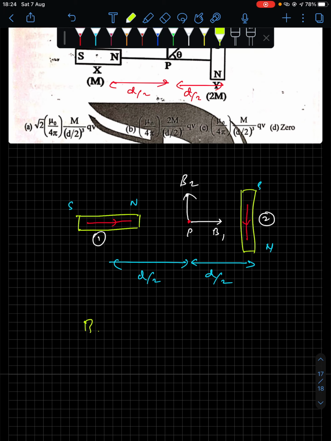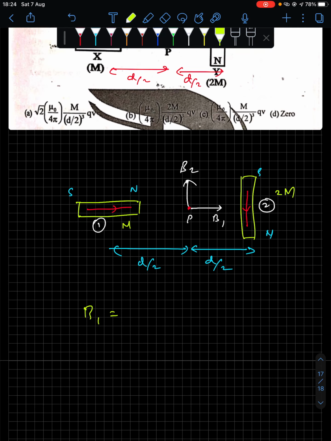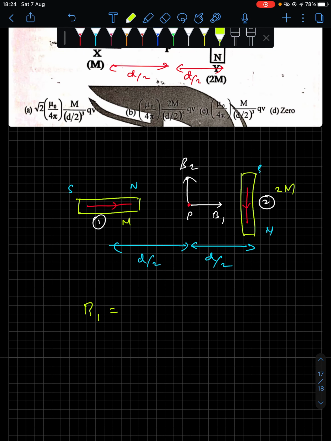So first let's check the magnitude of these fields B1 and B2. Now the first magnet has magnetic dipole moment m. The second magnet has magnetic dipole moment twice m. So B1, that is the axial field, the relation is mu naught by 4 pi, 2 into m.